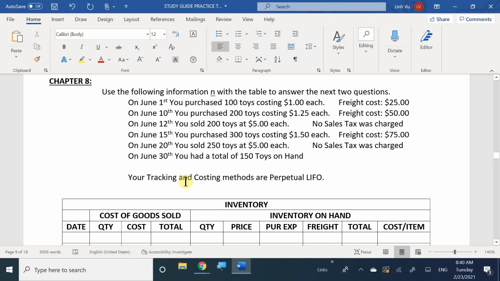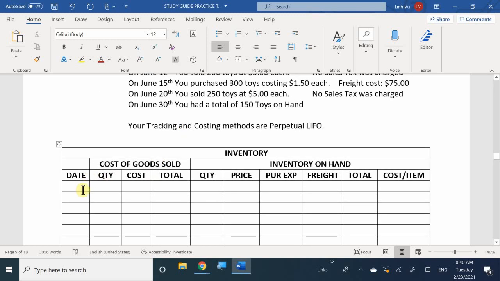So what happened on June 1st? We made a purchase of 100 toys at $1 each with a freight of 25. So what is going to be my purchase expense? 100.